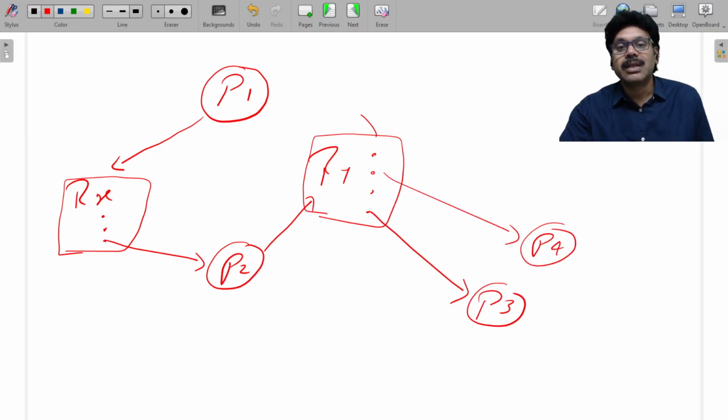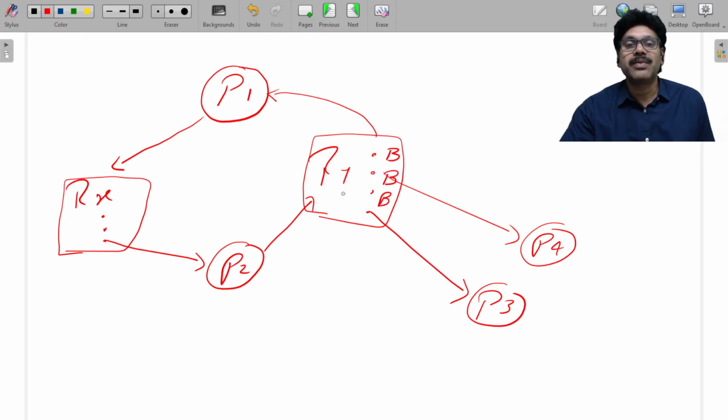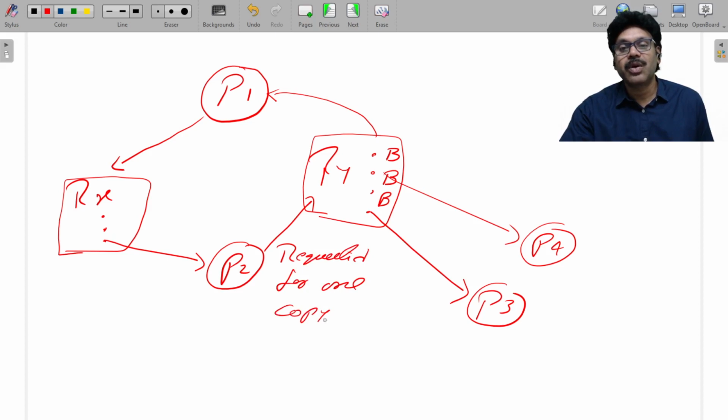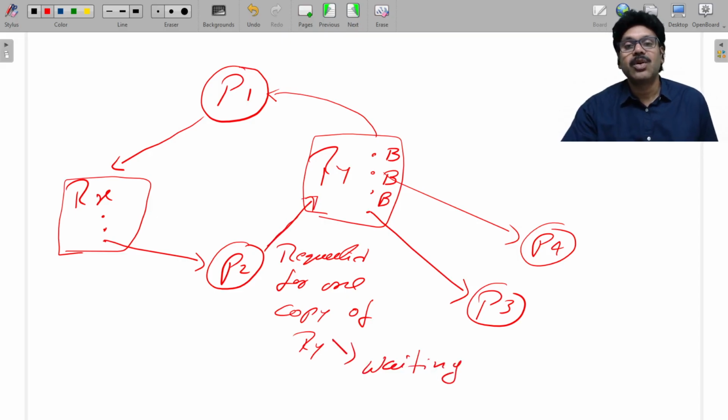And this one copy is given to P1. So this is busy now. B stands for busy. This is busy and this is busy. No free resource available. No single copy available of resource RY, but P2 requested. P2 requested for one copy. Why am I saying one copy? Because only one arrow is going, one copy. One arrow only going to RY, and immediately P2 is supposed to be under waiting because no single copy is available.